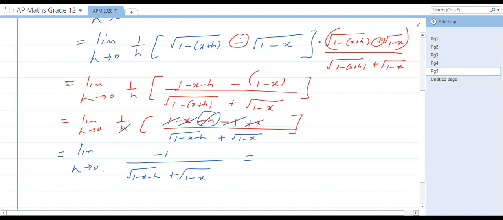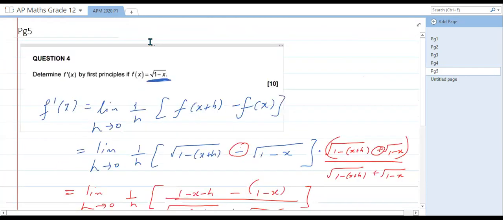Now substituting 0, the only thing that's 0 is that h. So we have minus 1 over the square root of 1 minus x plus the square root of 1 minus x, which is minus 1 over 2 times the square root of 1 minus x. And that is the solution for this.